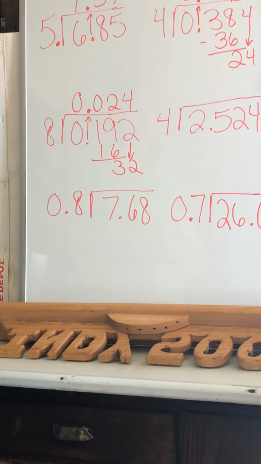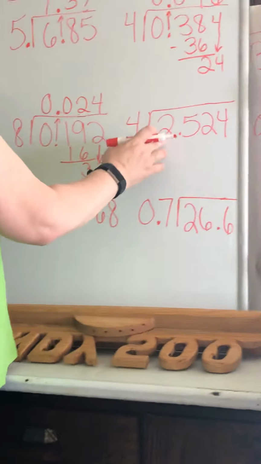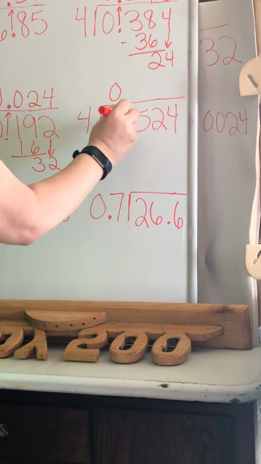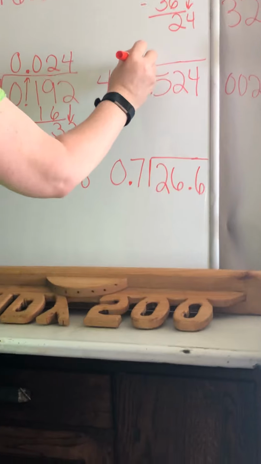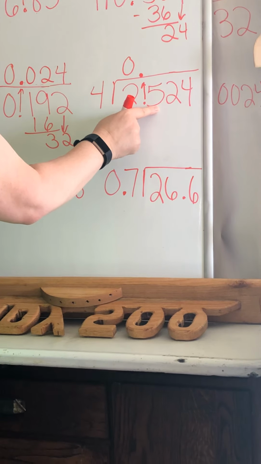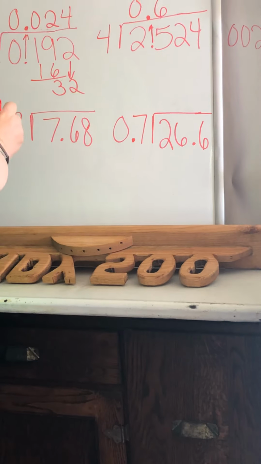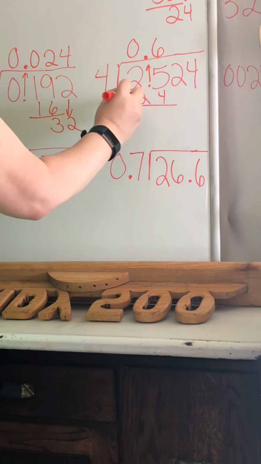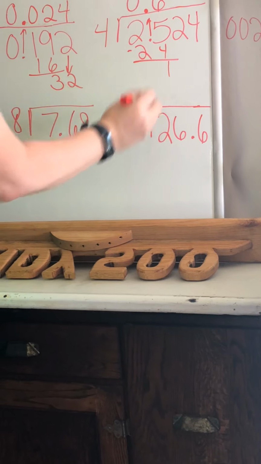All right. 4 cannot go into 2, so I'm going to put a 0 right here. I am going to bring that decimal straight up. And then 4 can go into 25 6 times. 4 times 6 is 24. And you have 1 left over.